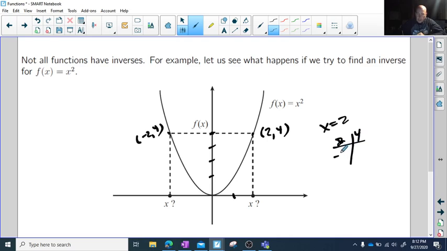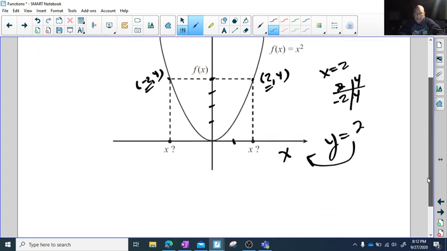I can see that if x was negative 2, the y value would also be 4. The problem would be if we said, oh yeah, well, let's try and go the other way. When y equals 4, what point does that work back to on our x? Well, the problem would be there's multiple answers. So this would be an example of a function that does not have an inverse for that reason, because it has more than one x value for a particular y value.